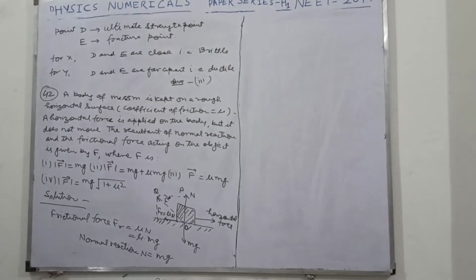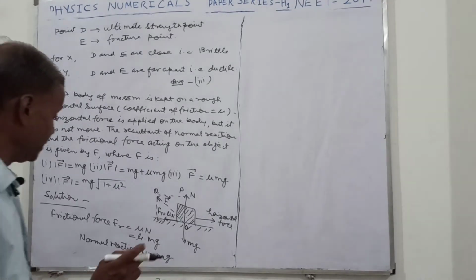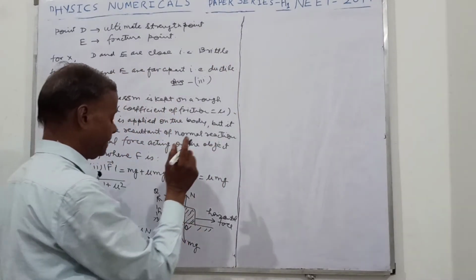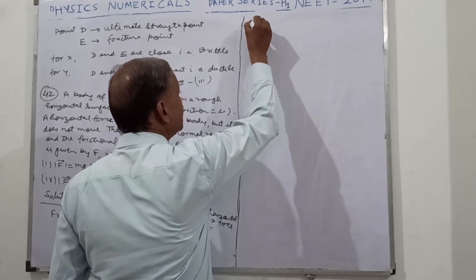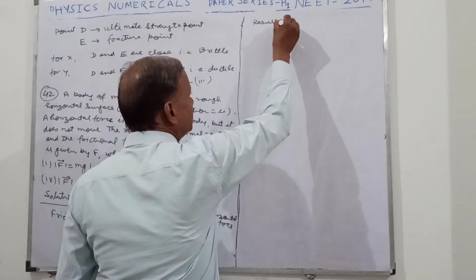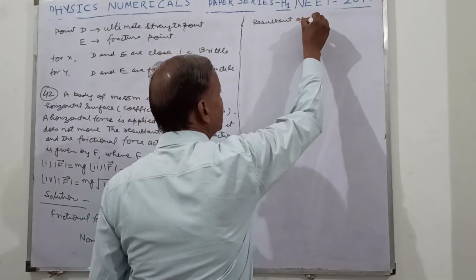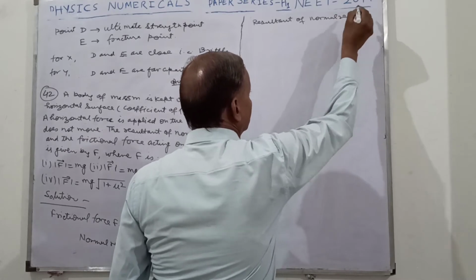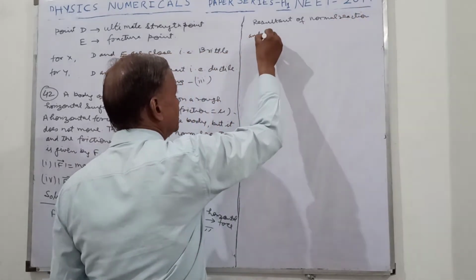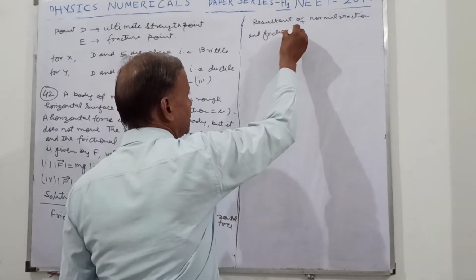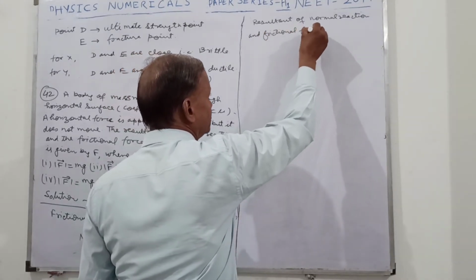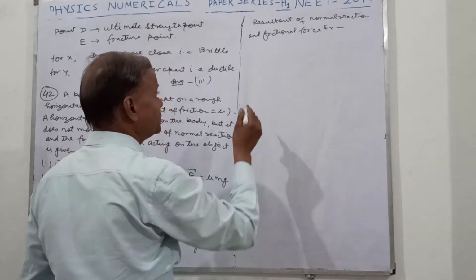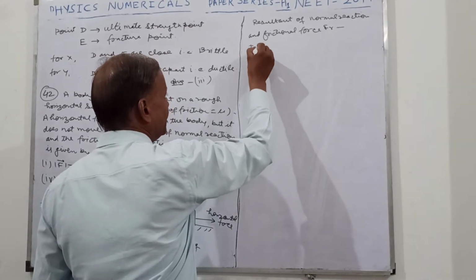So now this is a right angle triangle. The resultant of normal reaction and frictional force Fr.